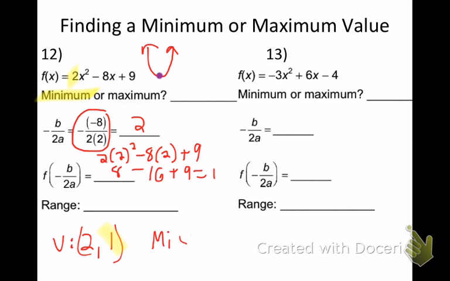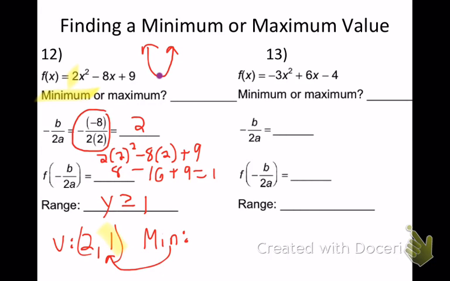My minimum value is located at 1. So if it's going up from there, it's now going to be y is greater than or equal to 1, because it's the minimum value at the positive 1 there. So y is greater than or equal to 1.